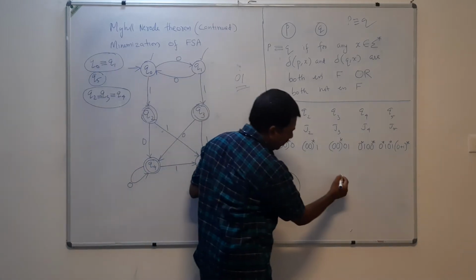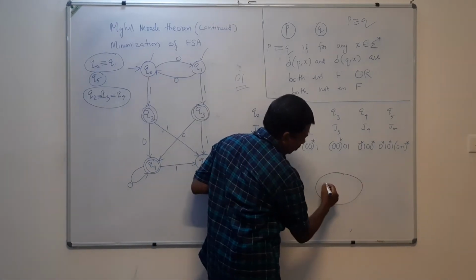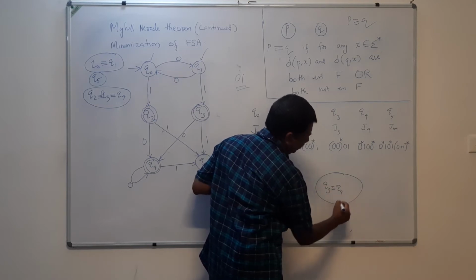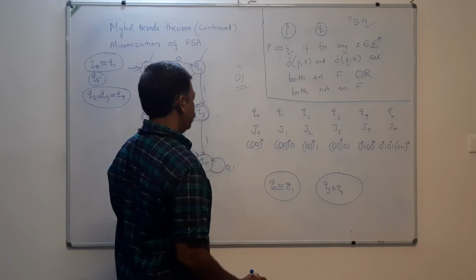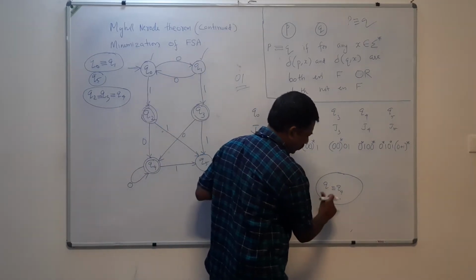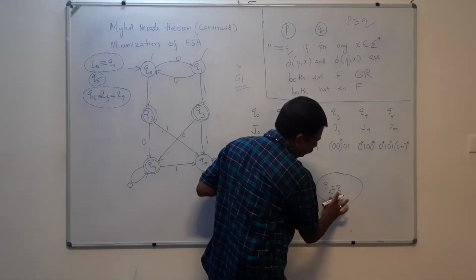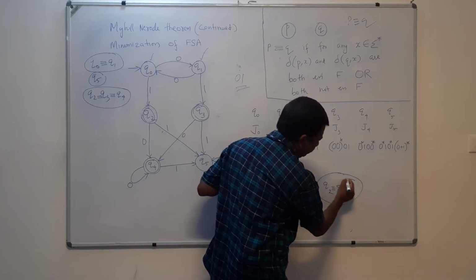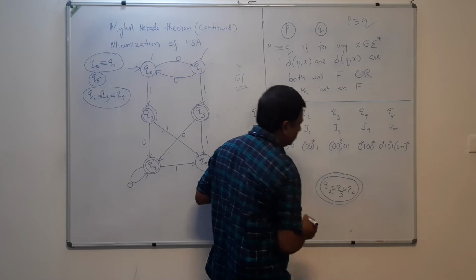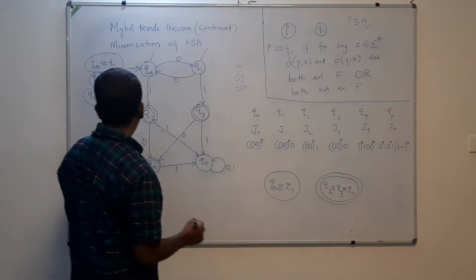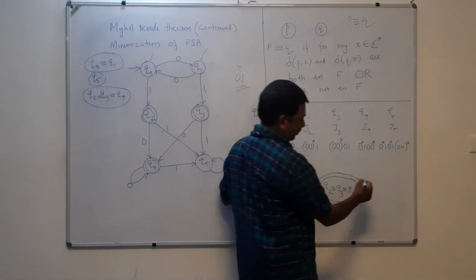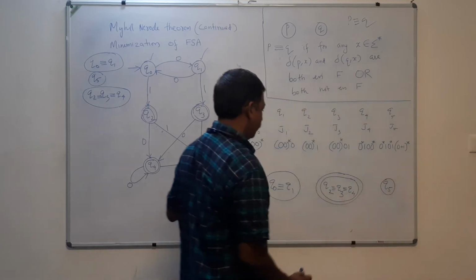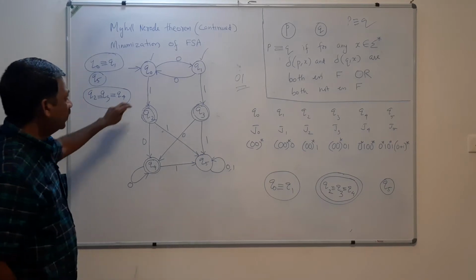Then I am going to have a final state, Q2 equivalent to Q3 equivalent to Q4, which is another state, and finally you have Q5.